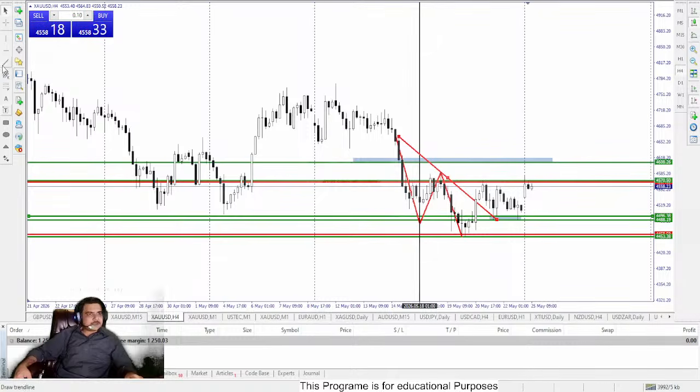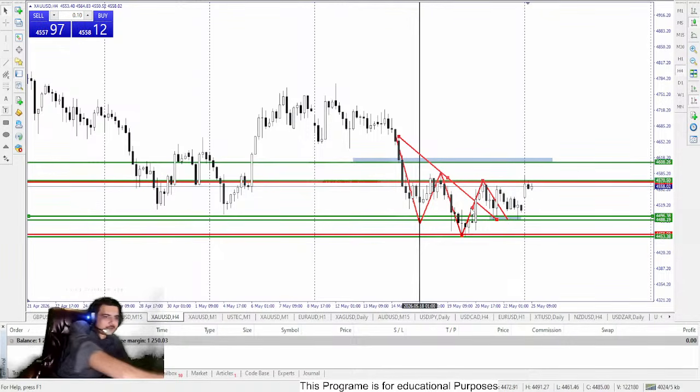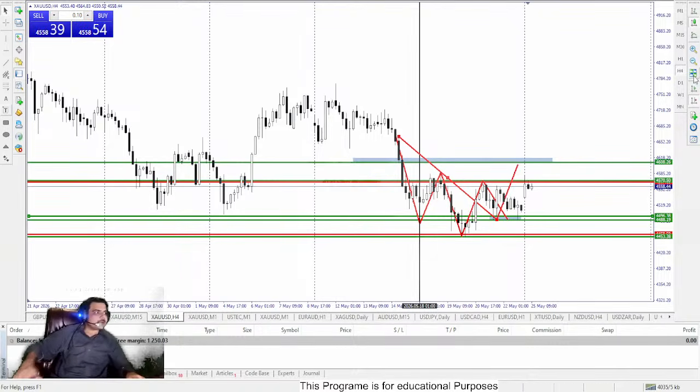So after this breakout, this market became bullish. And now it is again pointing towards the same exact place.